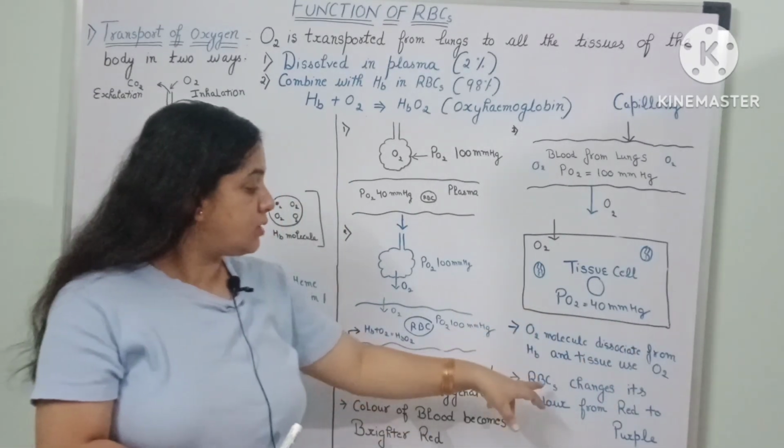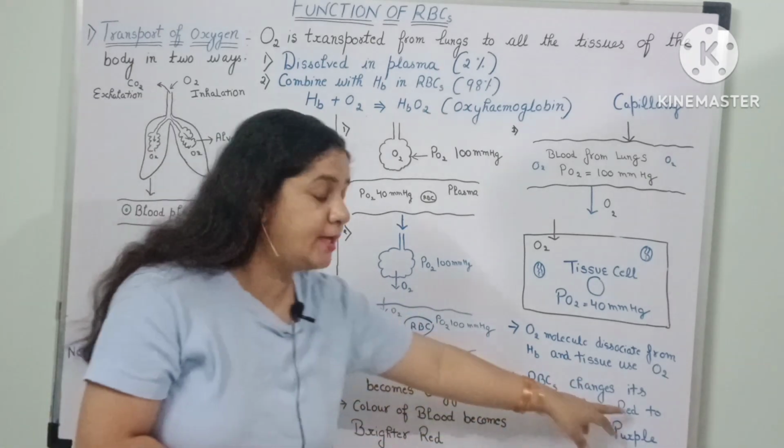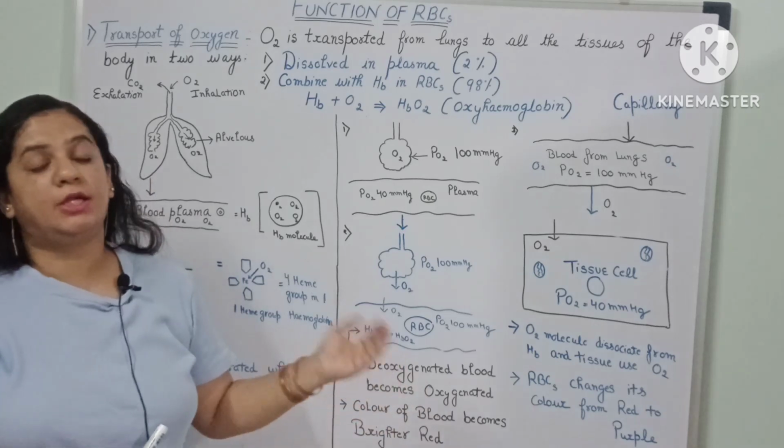Again here the RBC changes its color, from red to purple, and it becomes deoxygenated blood.